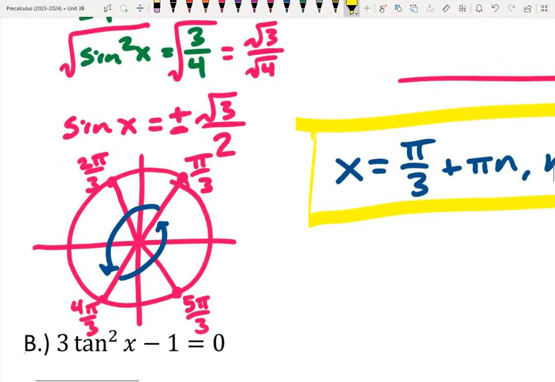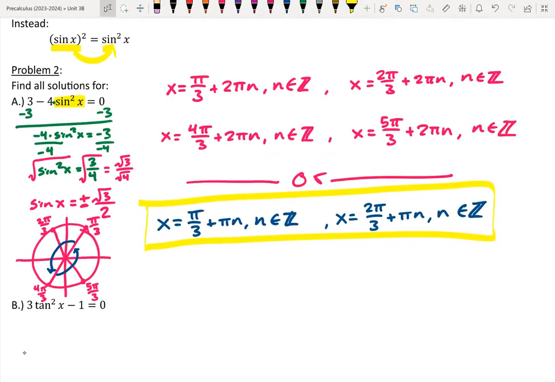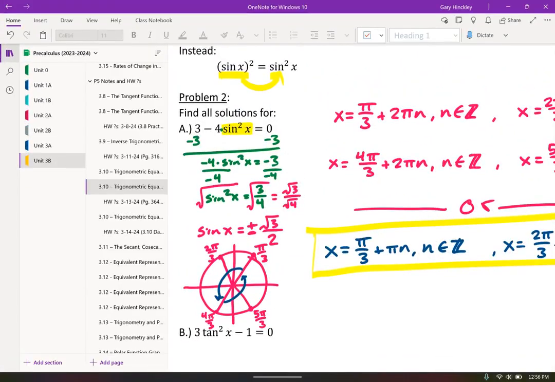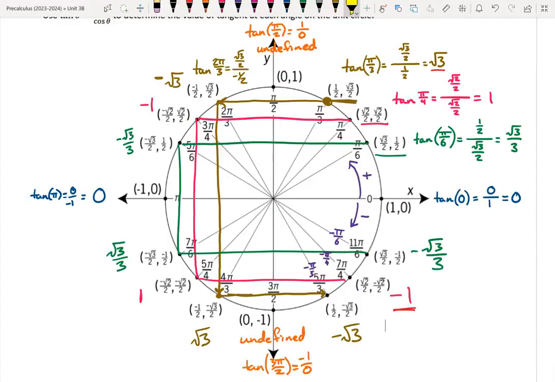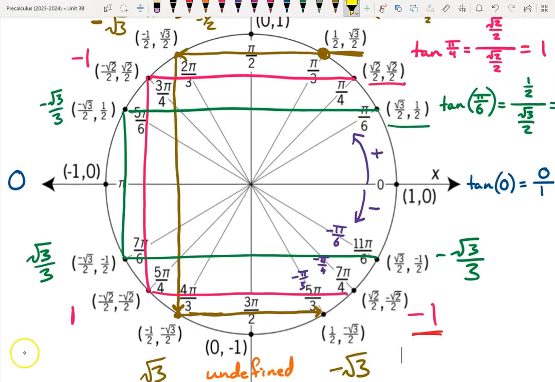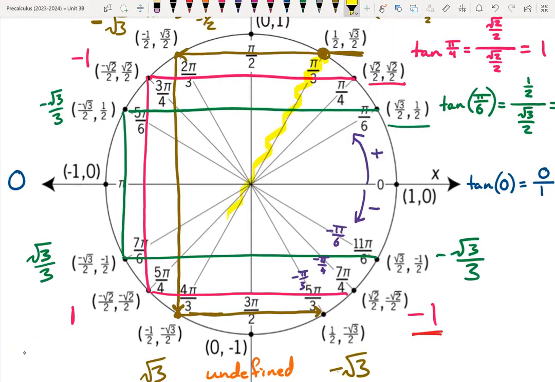And that's because it's a little bit hard to see on my drawing. But let me pull up the unit circle. If we're to look at the unit circle in those positions, so pi over 3, let me highlight. So I have pi over 3 to 4 pi over 3 directly across, 2 pi over 3 to 5 pi over 3 directly across.